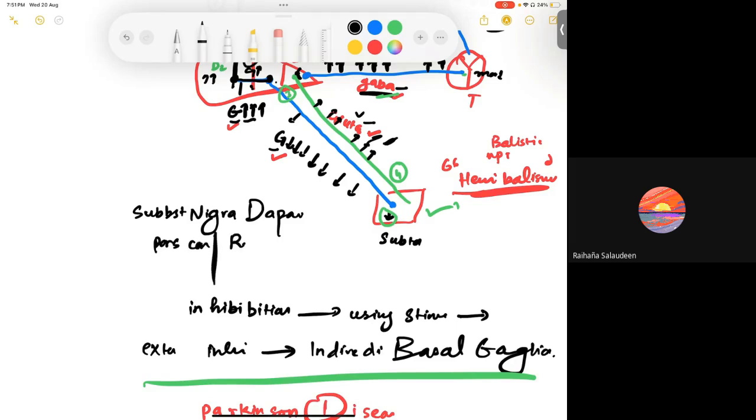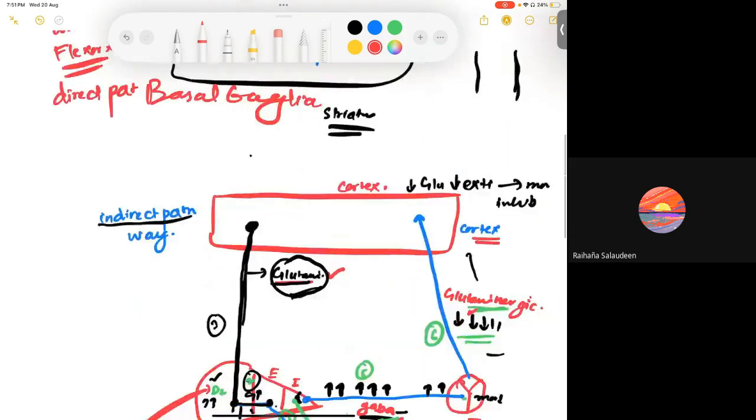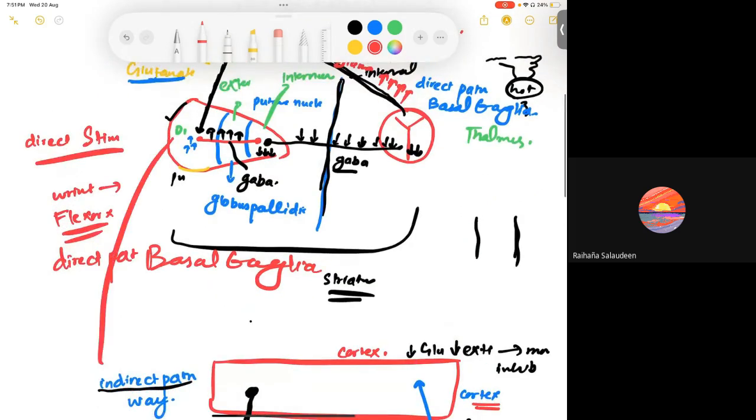The pars compacta, which is the compact portion of this substantia nigra, basically makes dopamine, and that dopamine acts on D2 receptors in the indirect pathway, and D1 receptors in the direct pathway. And as dopamine acts on D1 receptors, it's going to lead to further stimulation.